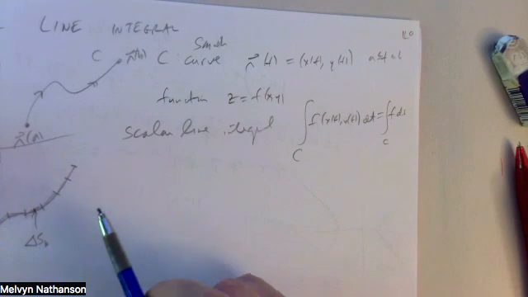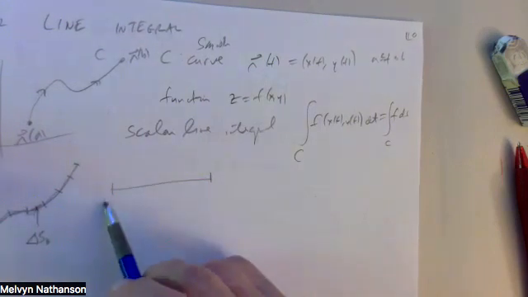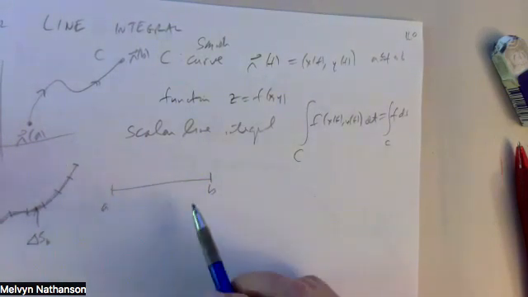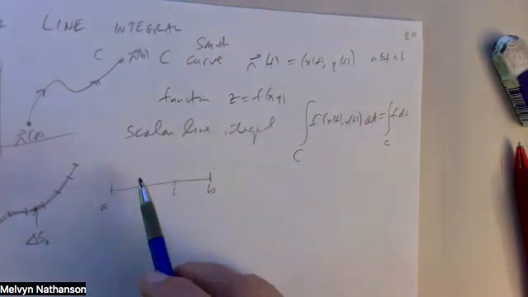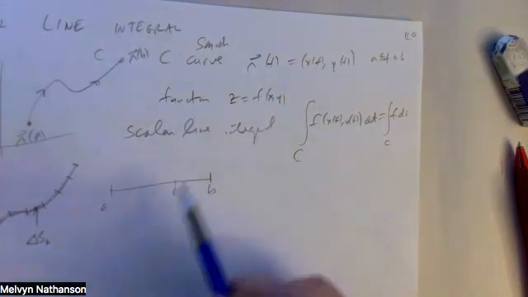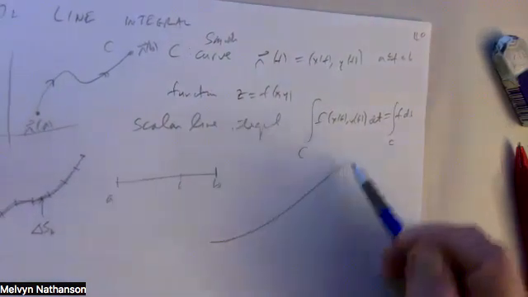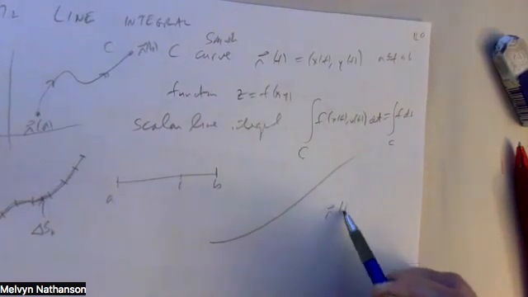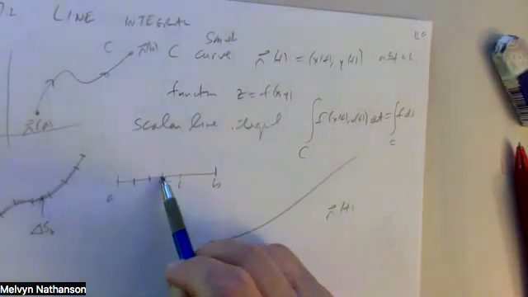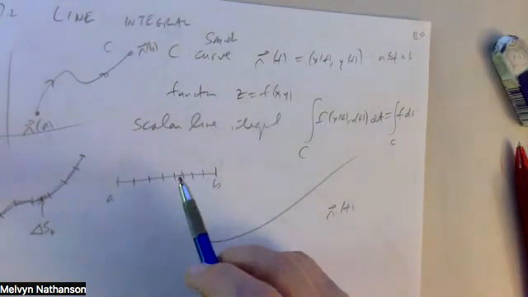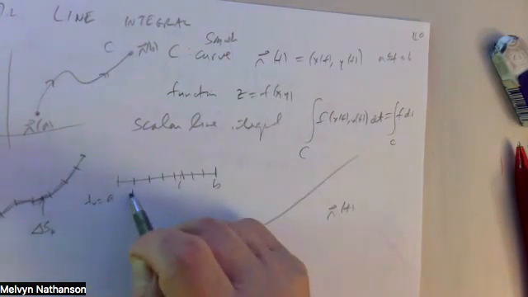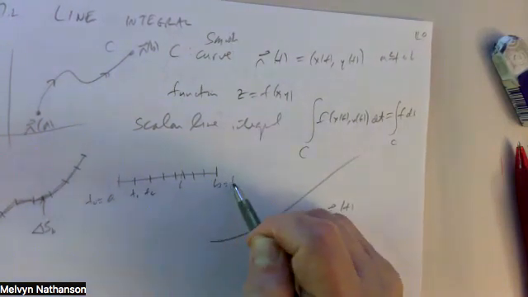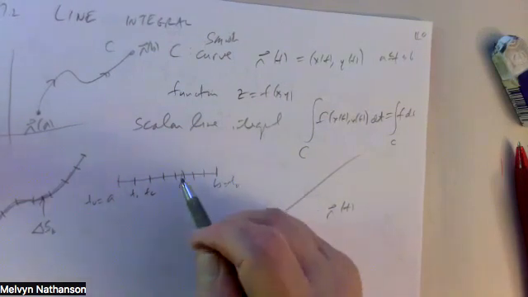So let me say this a little bit more carefully. We have the interval t going from a to b. For every t in this interval, we have r of t, and we get this curve. So let's take the interval from a to b and divide it up into pieces, just the way we did in calculus: t0, t1, t2, say b is t sub n. So we have n pieces.